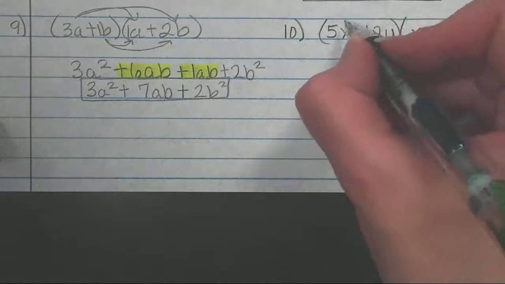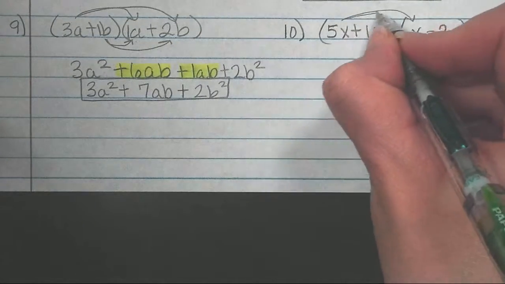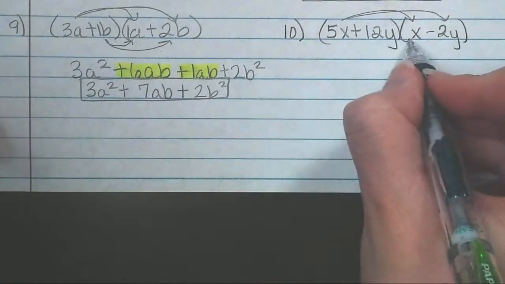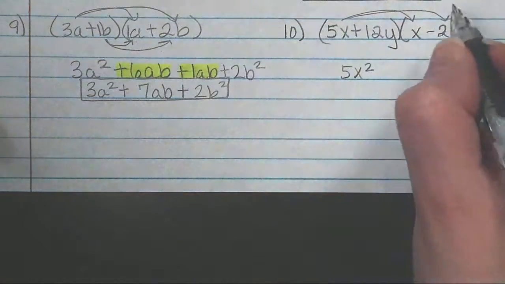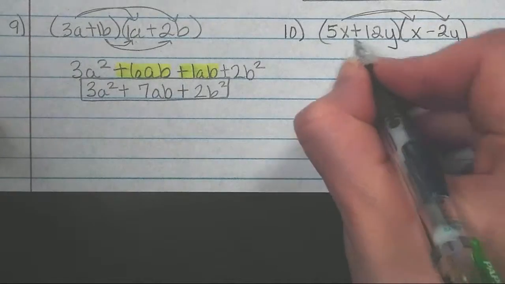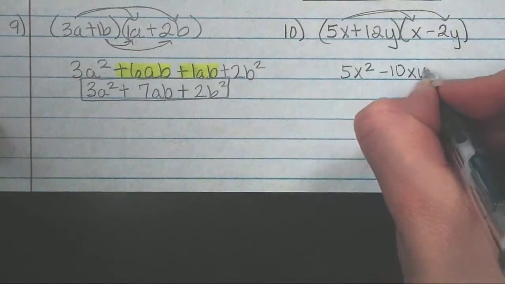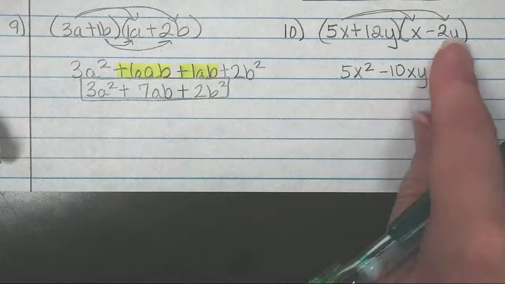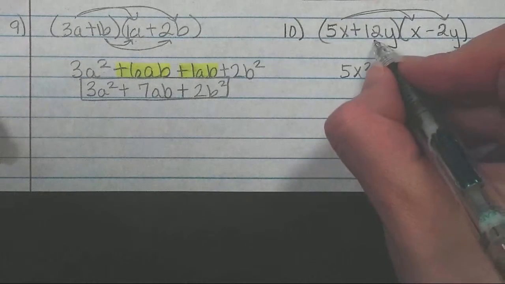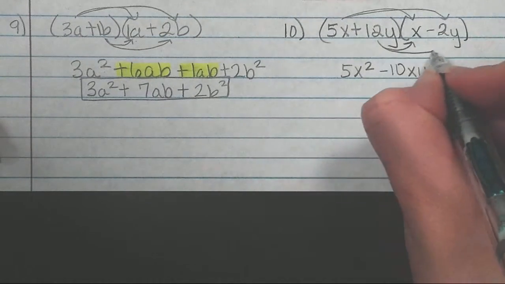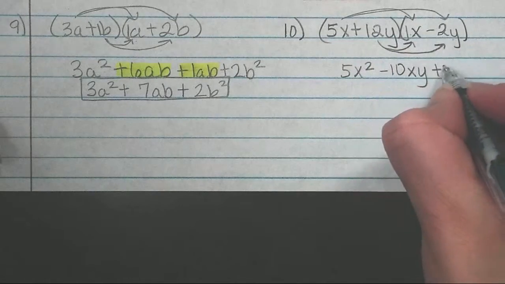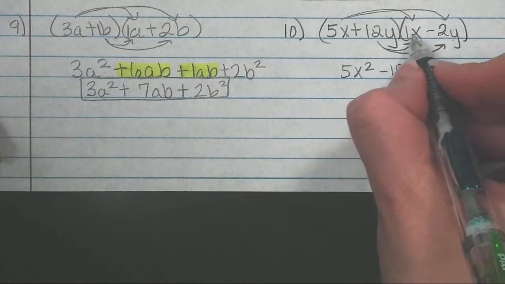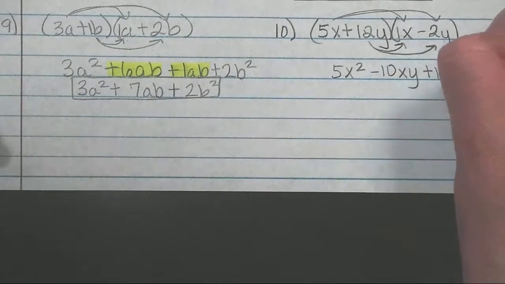So first I'm going to distribute the 5x to both of these in the second binomial. 5x times x is 5x squared. 5x times negative 2y is negative 10xy. The x comes first because x comes before y in the alphabet. Now I'm going to distribute this to both of these. So this is like a 1x. So 12 times 1 is 12. But then you have your y and your x, but put the x first.